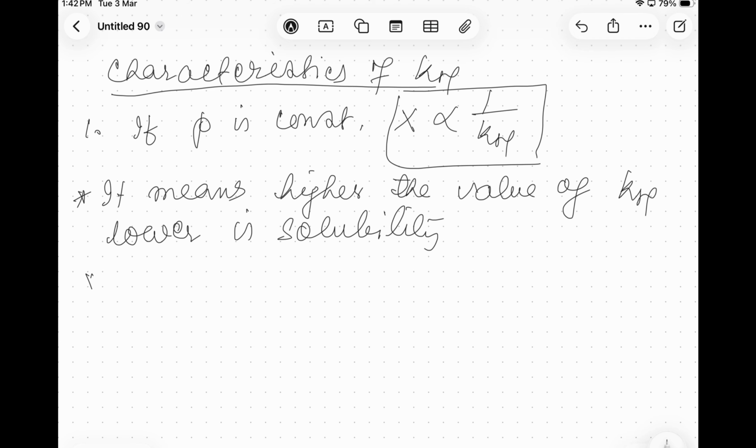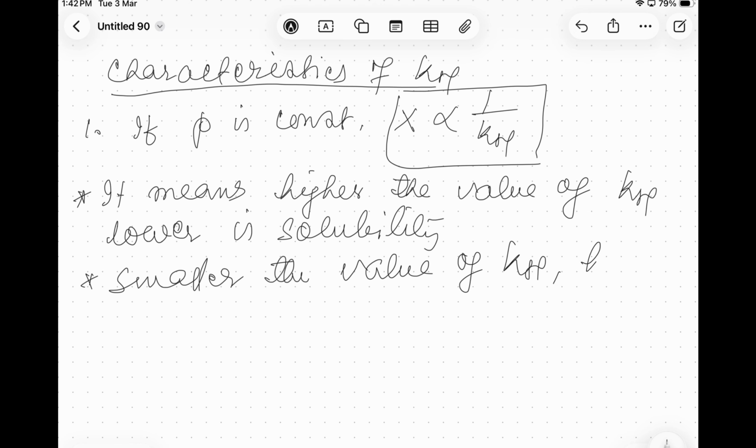This is one of the observation. Second, a smaller the value of KH, higher is solubility of gas.